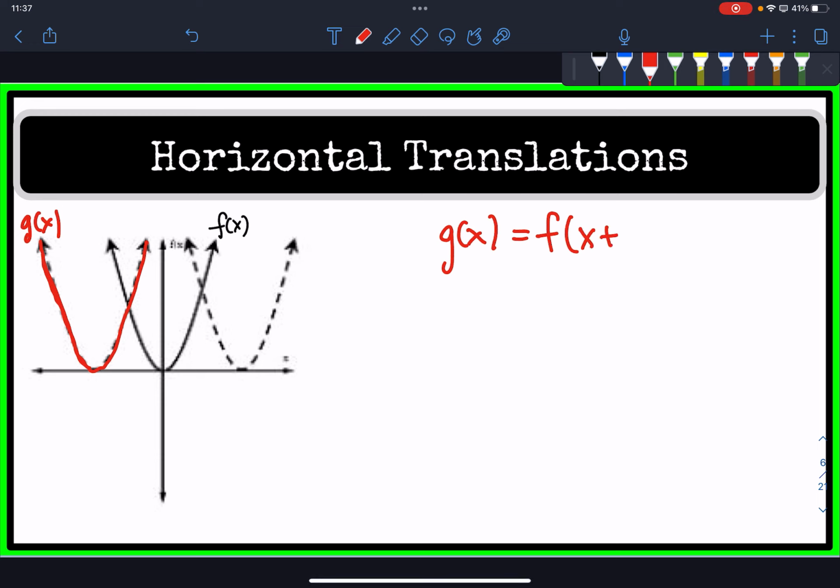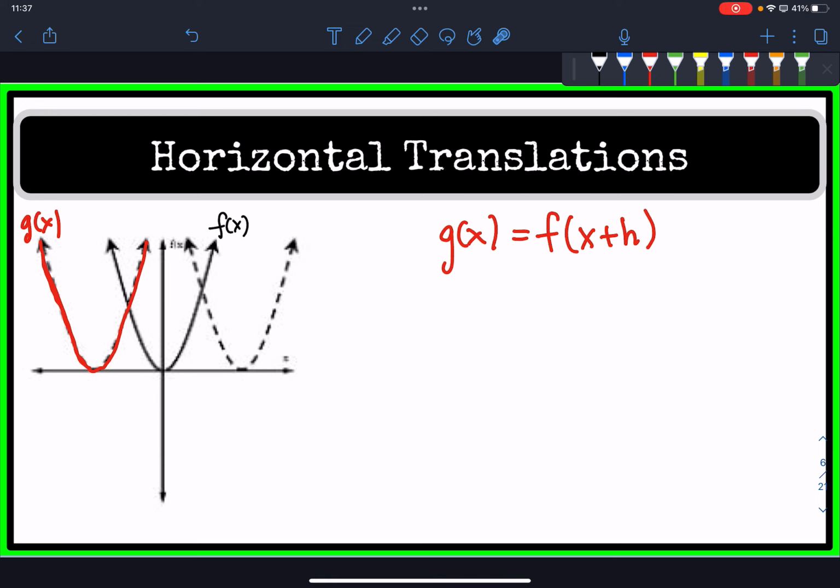So by shifting it to the negative side of the origin 0, 0, shifting it to the left, we don't actually subtract this value, we actually add that value. Of course, this is what it looks like algebraically.